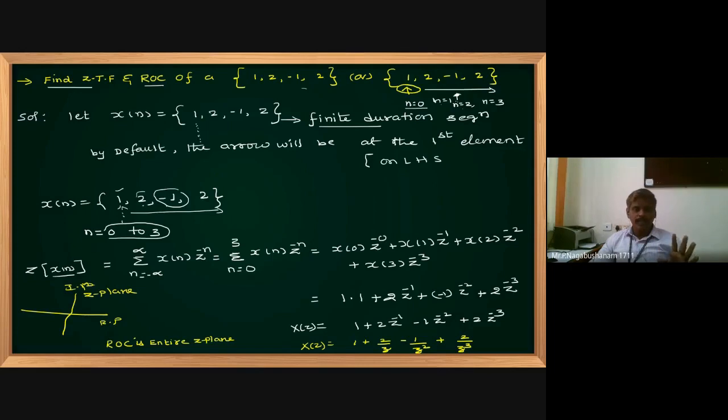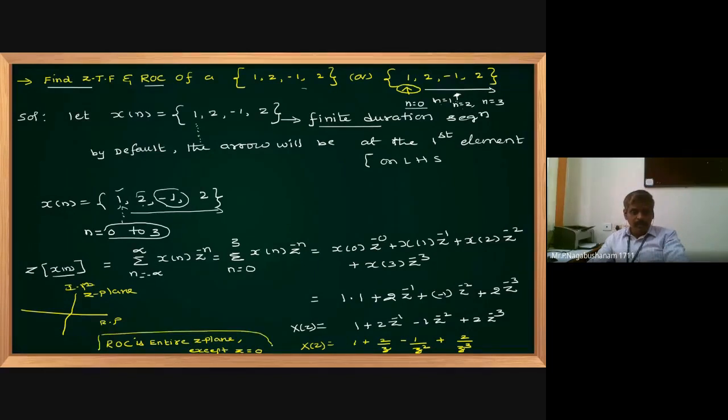Whatever the value you take in the z plane, x of z will be a finite value except z equal to 0. Okay now, ROC is the entire z plane except z equal to 0. That is important.